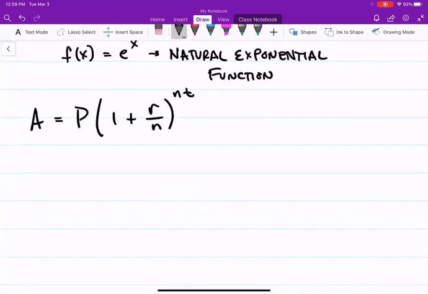My question is, do you know what all of it stands for? What does the P stand for? This is compound interest, so we're talking about money. We're talking about investing principal.